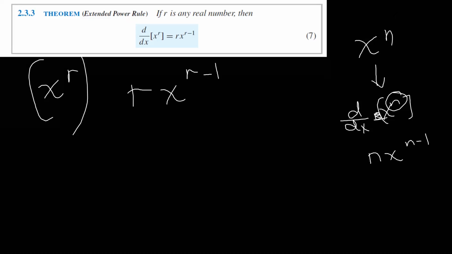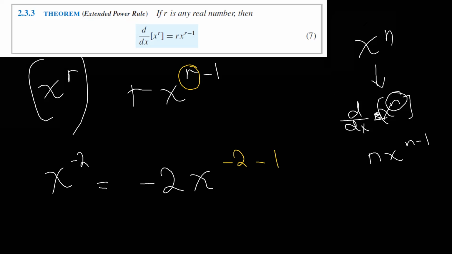What does it mean? If I have x raised to the power -2, what would be its derivative? It will be -2 x raised to the power -2 minus 1, because it is r minus 1.